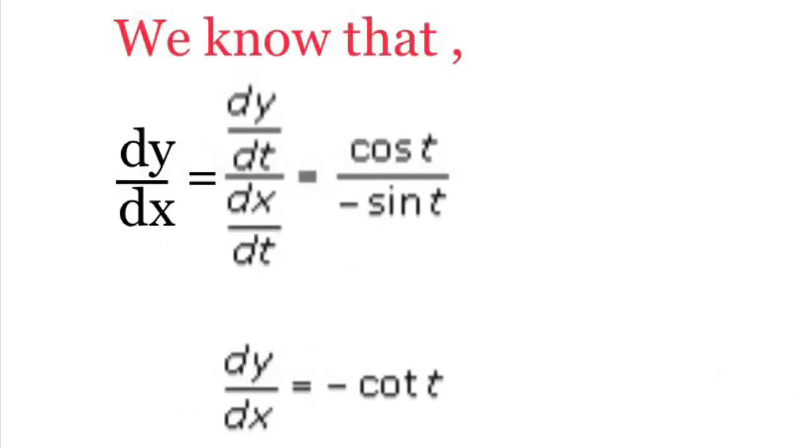We know that dy upon dx equals dy upon dt upon dx upon dt. From equation number 2, we have dy upon dt as cos of t, and from equation number 1, we have dx upon dt as minus of sin t. Therefore, dy upon dx equals minus of cot of t.